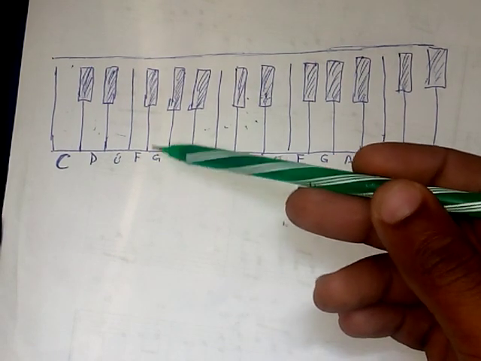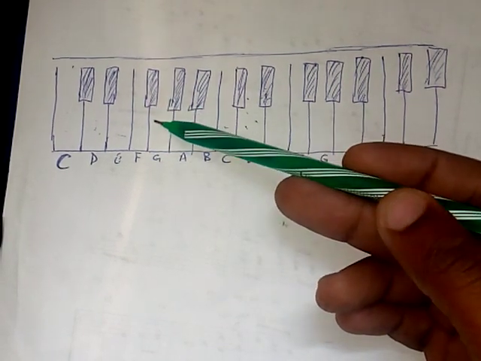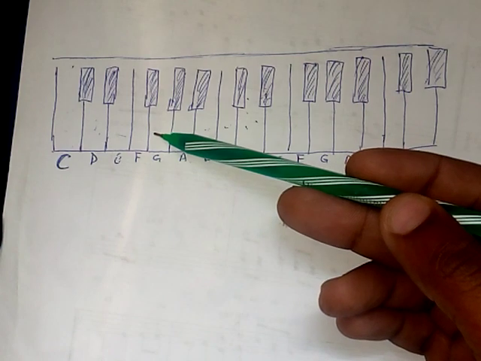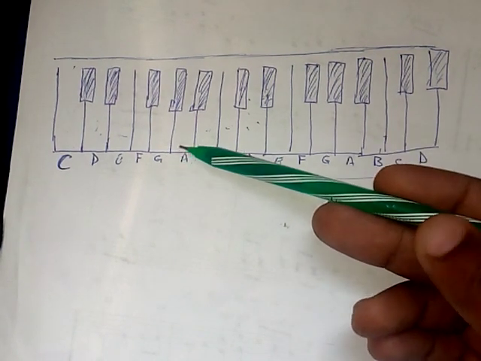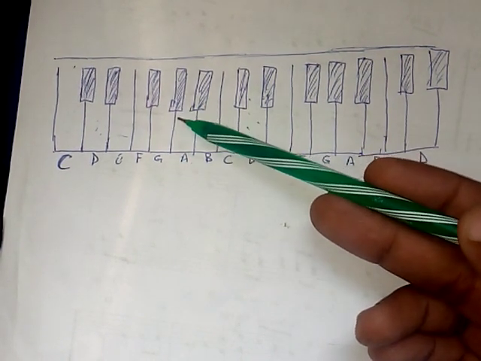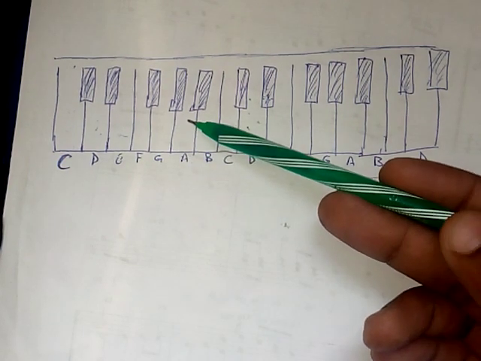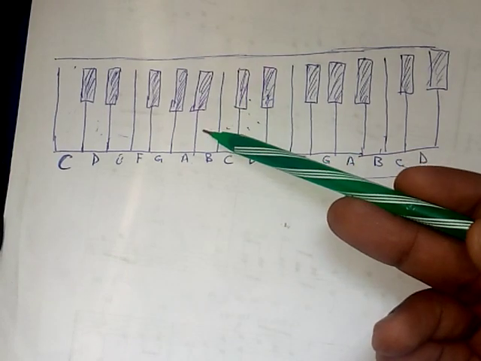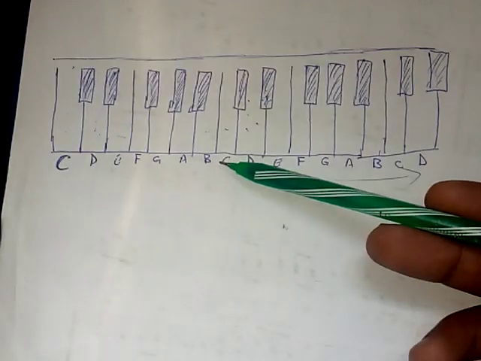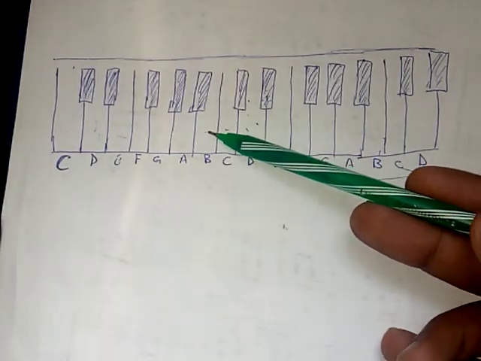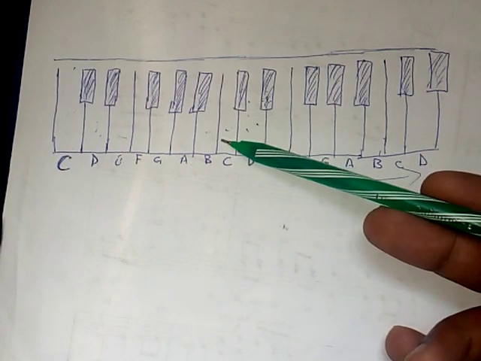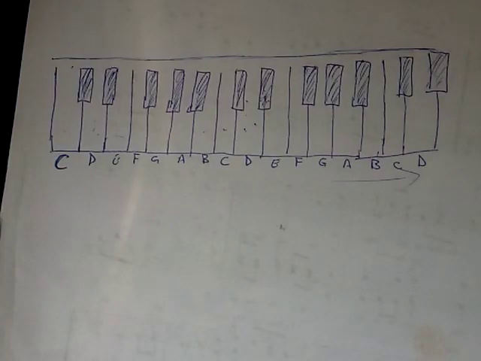From F to G, we have a semitone and a semitone. That is a tone. From G to A, a semitone and a semitone. That is a tone. From A to B, a semitone and a semitone. That is a tone. And from B to C, we have a semitone. So that is the natural major scale. It obeys the rule of tone, tone, semitone, tone, tone, tone, semitone.